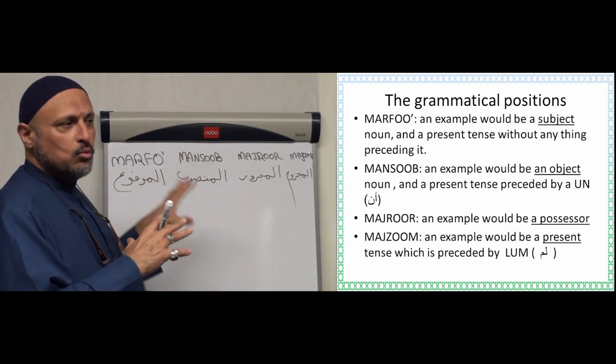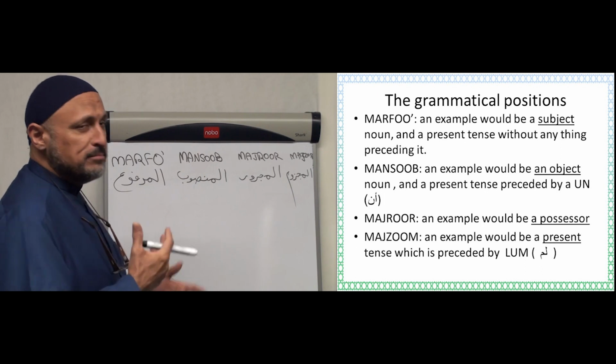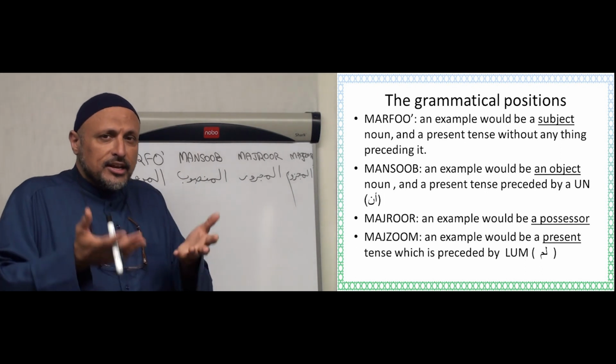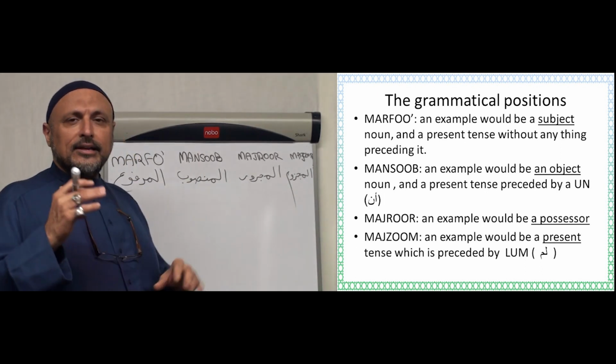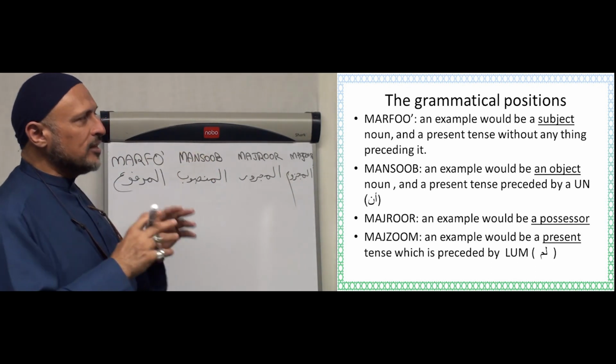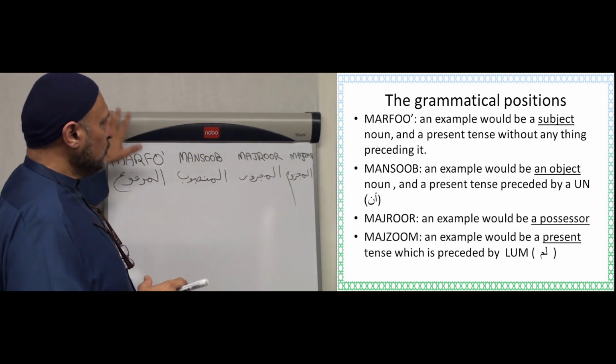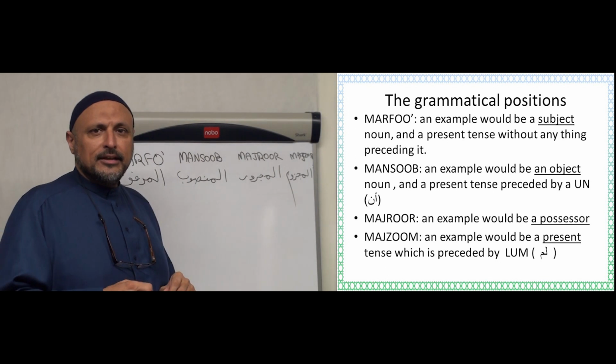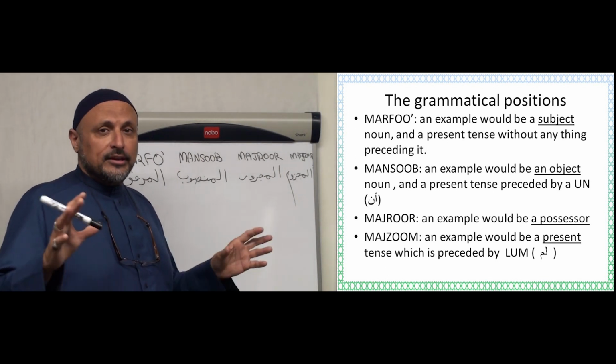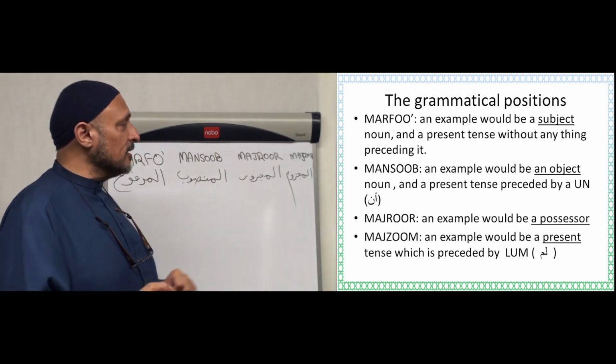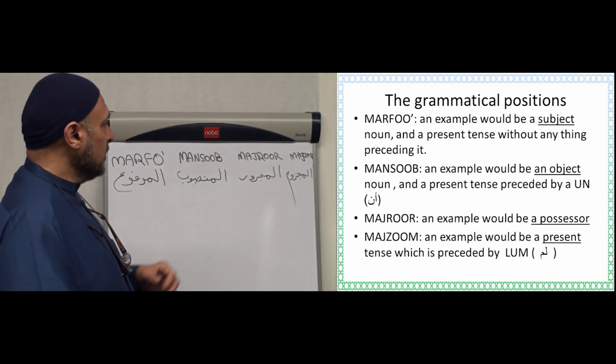It is fixed on the wall. So mansub literally means that. Marfu' is lifting. Mansub is fixing something. You fix this board on the wall. Nasab, a memorial thing which is fixed in some place.